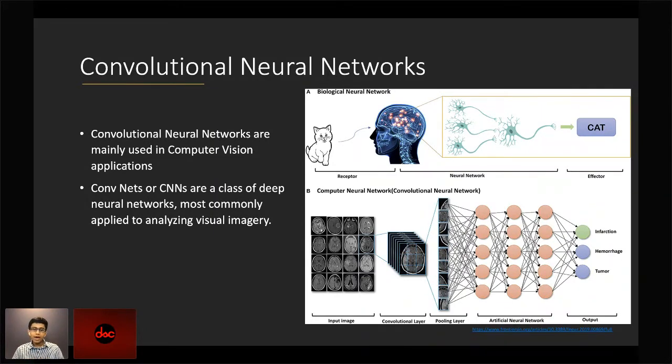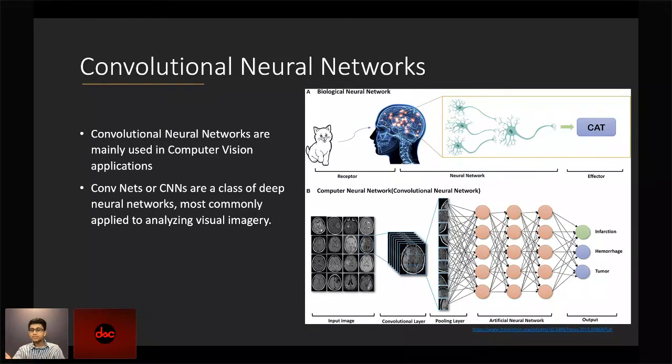On the top, we have a biological neural network, which represents how a human mind works when it does image classification. So for example, we have an image of a cat there, and the human mind is looking at that cat, and the neurons inside the human brain form a neural network and do a lot of different functions to identify what this image is.